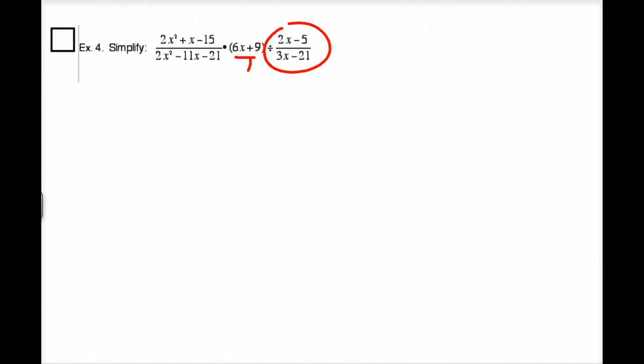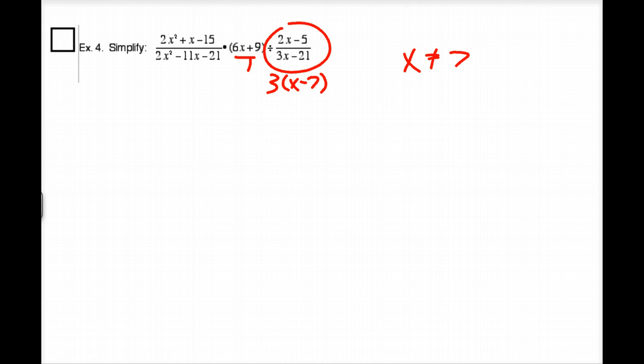And I can factor everything right now, but I'm thinking, what would cause a problem over there? Right now, 3 times what minus 21 is 0? X can't be 7, right? So that's the one that's going to change. That's the one I might miss if I don't put a restriction down right away. I might forget that I take a 3 out of here and x can't be 7.